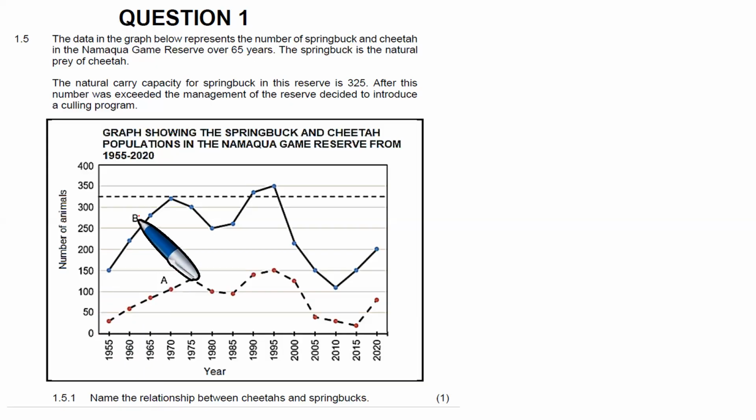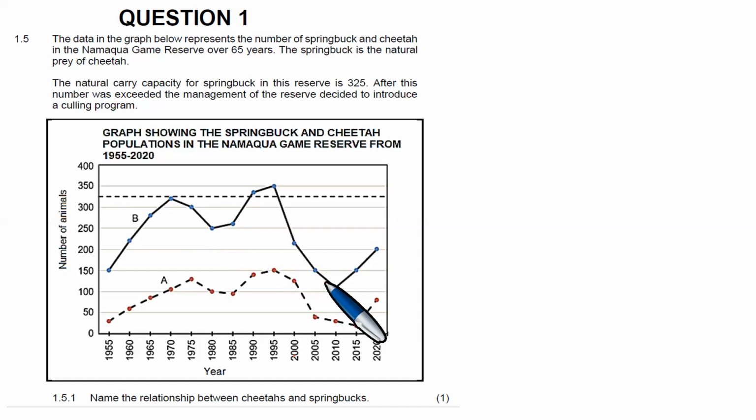But graph B is showing some animals there at about 150. And then from 150, the animals shot up to between 300 and 350, like 325. And then they started going down again, and then they went up, and then they started going down. So you can see the fluctuation: the number of the animals was increasing, decreasing, and fluctuating.